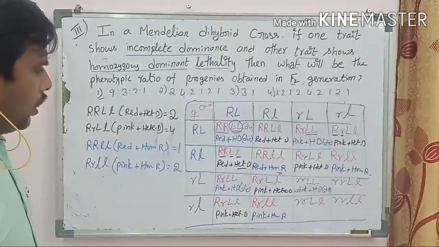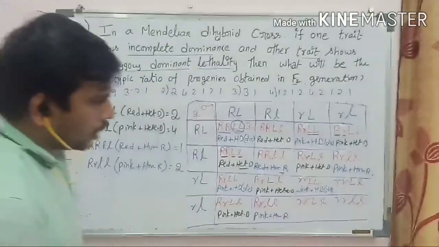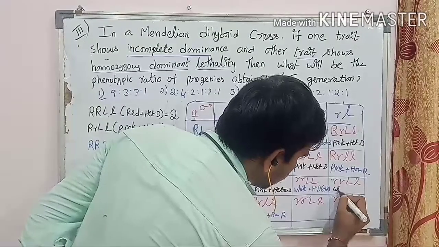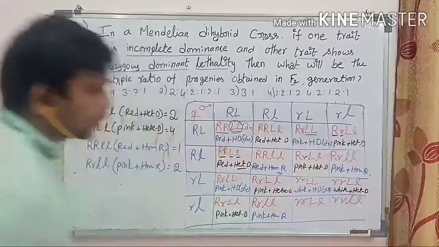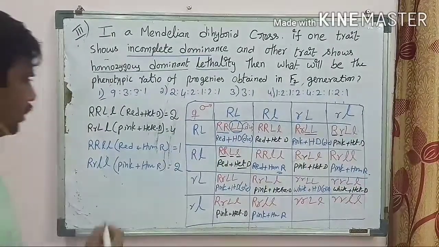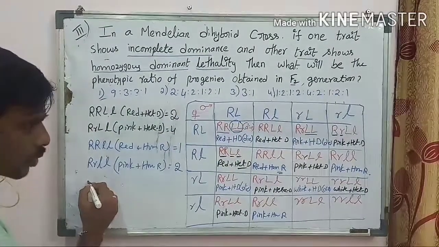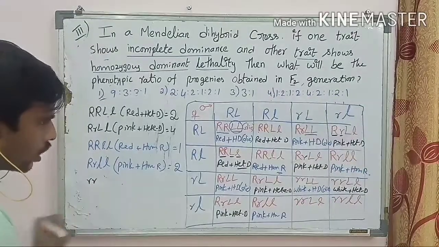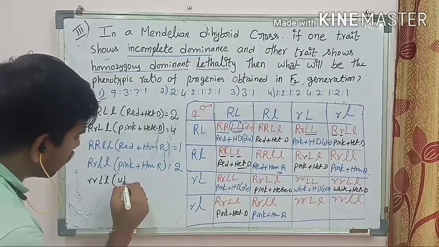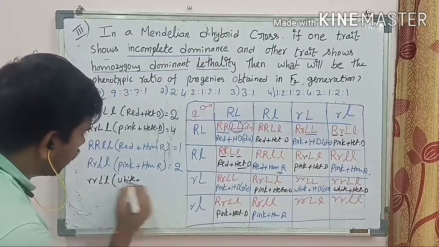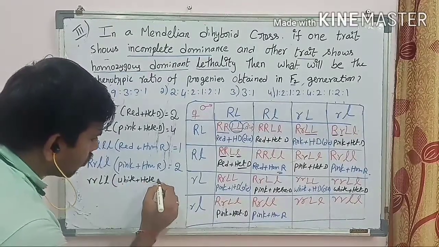Now we will see another one, this genotype. This is actually white plus heterozygous dominant. Let's see what the genotype is here: small r, and capital L, small l. Now this is actually white plus heterozygous dominant.